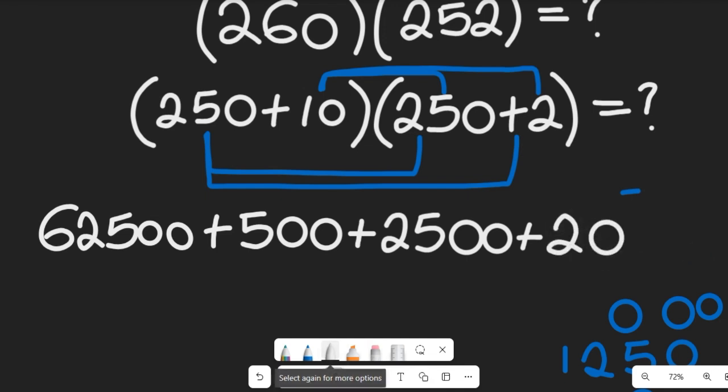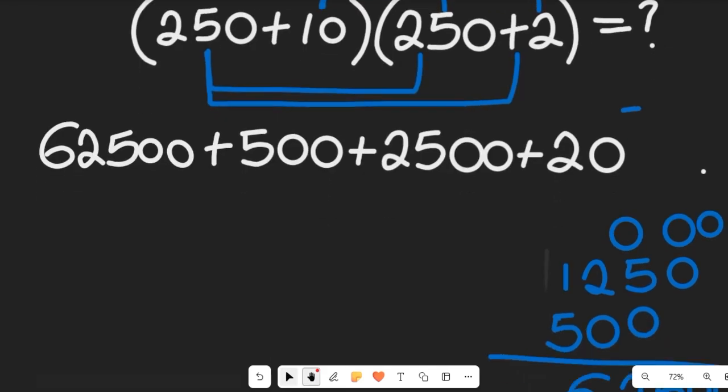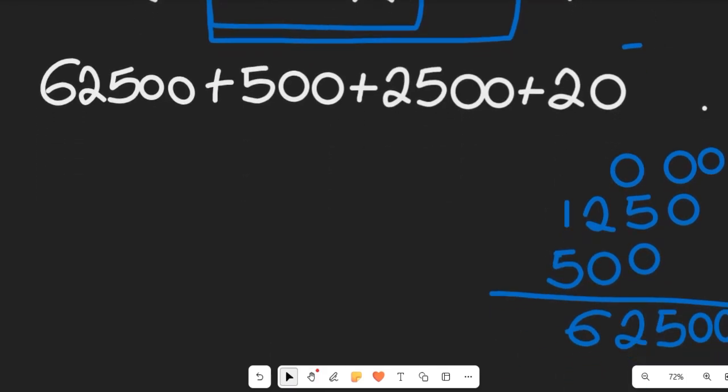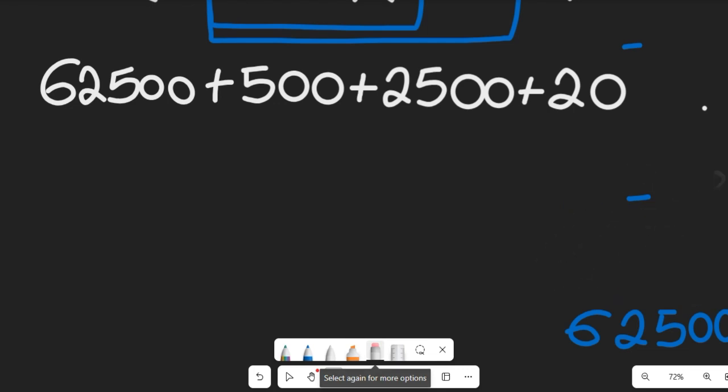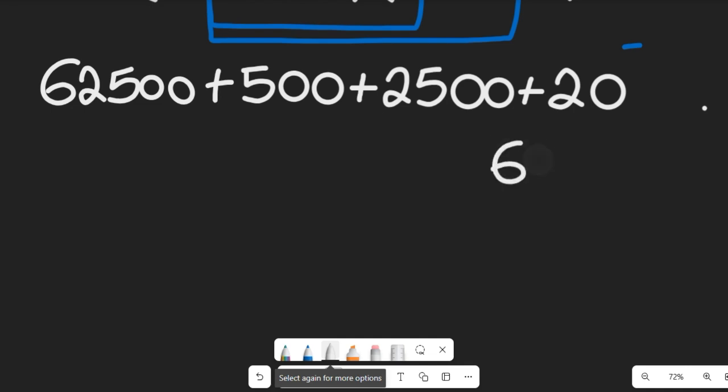Now when we sum all these, we're going to look at them. When you put them in their various decimal places, let's sum it up so that you see how we go about summing it up. This will give us 62500, right?